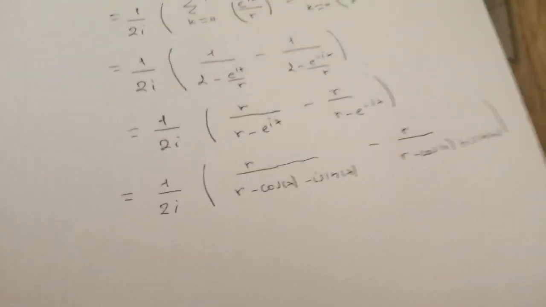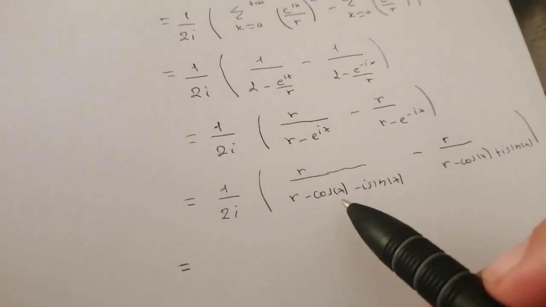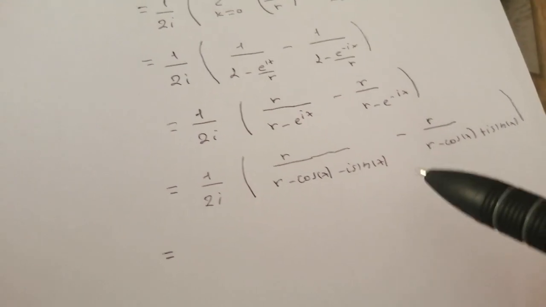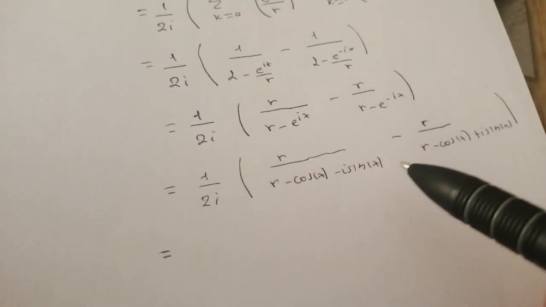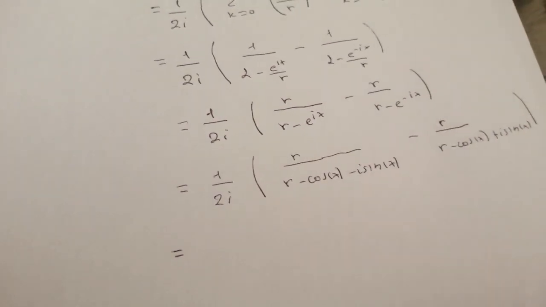When we have a complex number, we multiply by the conjugate complex number in the numerator and in the denominator.